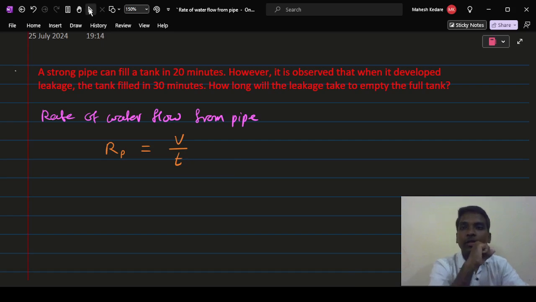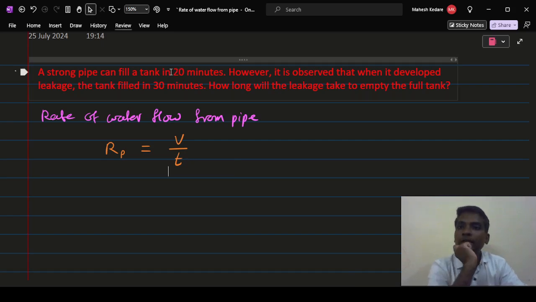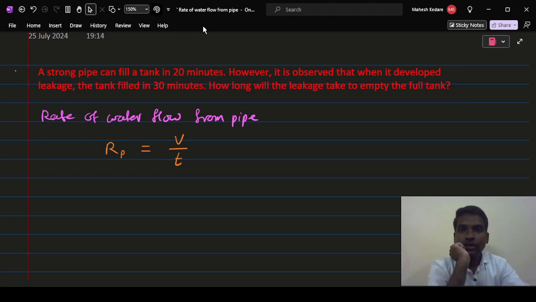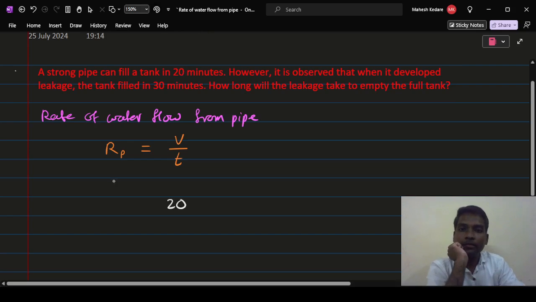Now in 20 minutes, the tank is filled with water fully. So in the time of 20 minutes, the amount of water that flows from the pipe will be equal to the volume of the tank itself. So the rate of water flow from the pipe will be Rp.